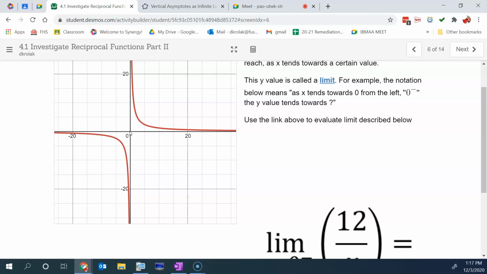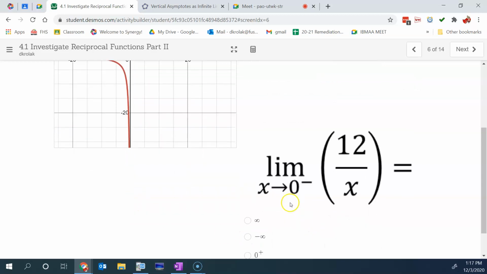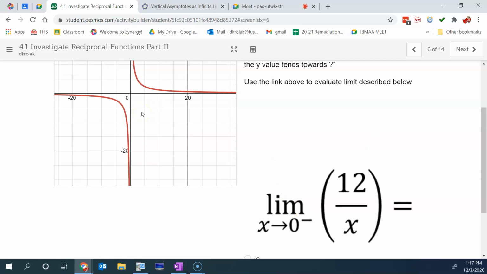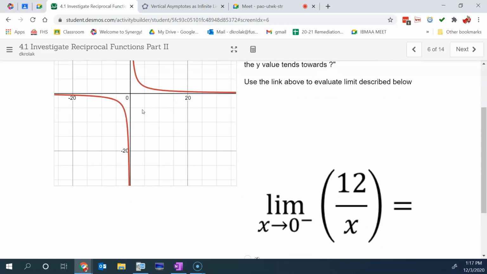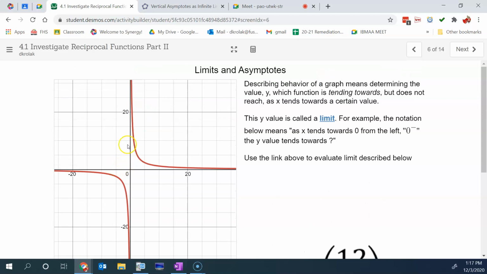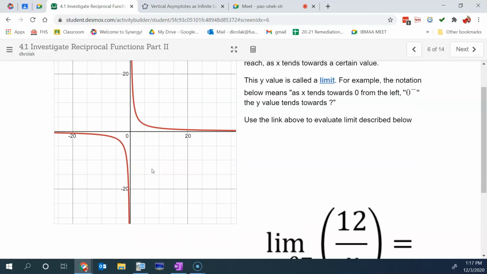Is there any hyperbolas that aren't asymptotes? No, all hyperbolas will have an asymptote or more than one. So you can have hyperbolas that have 2 asymptotes. No, this is one vertical asymptote.